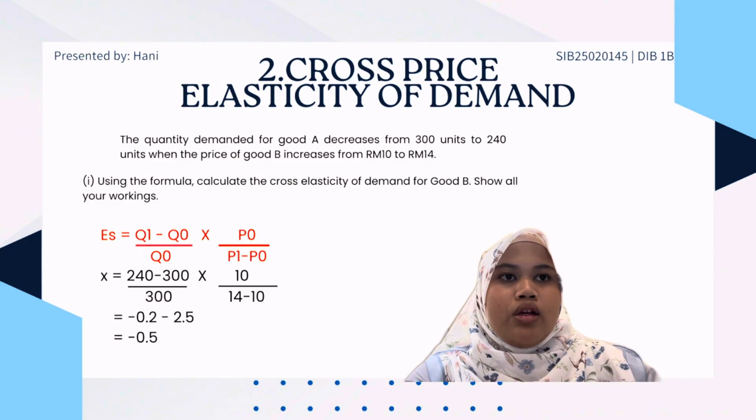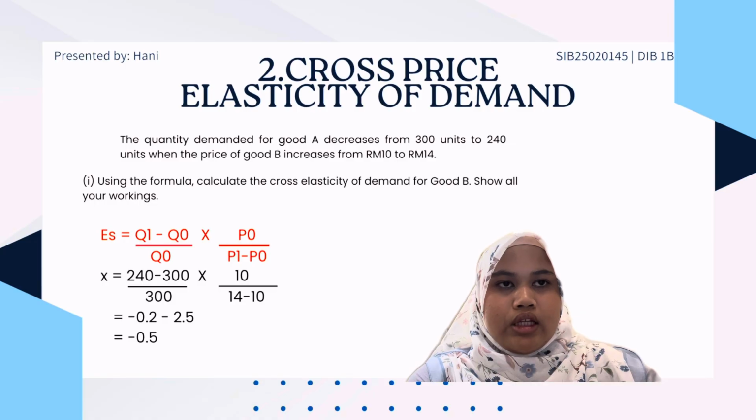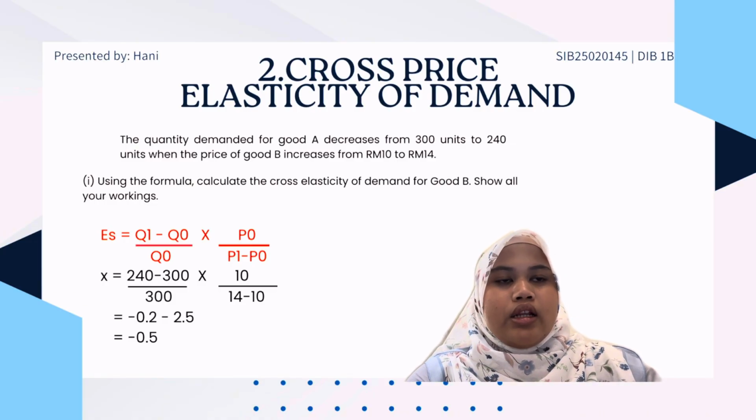P0 is the original price, which is RM10, and P1 is the latest price, which is RM14. So the answer will be 240 minus 300 per 300 multiplied by 10 per 14 minus 10, which is negative 0.5.